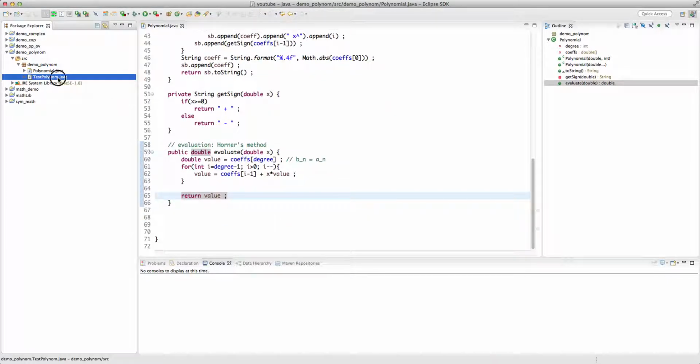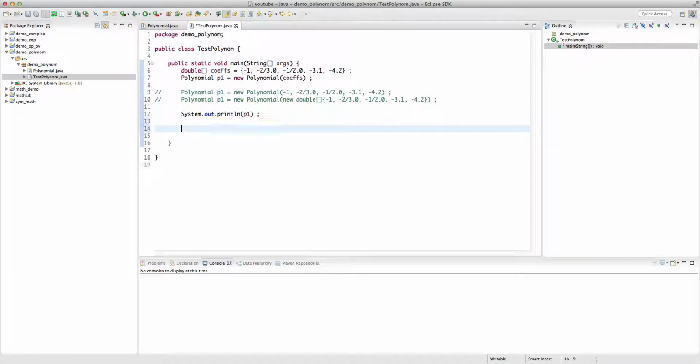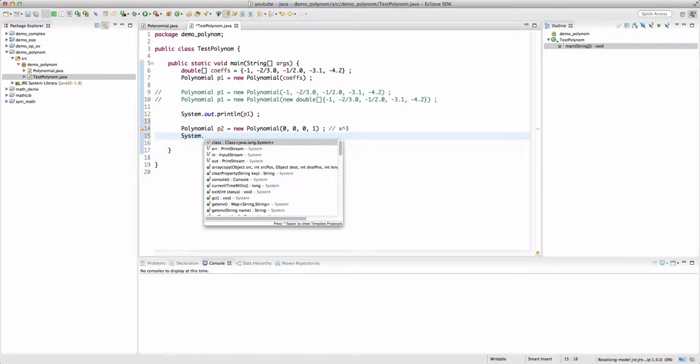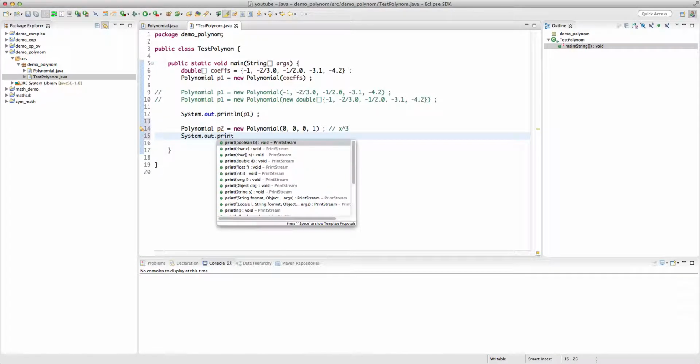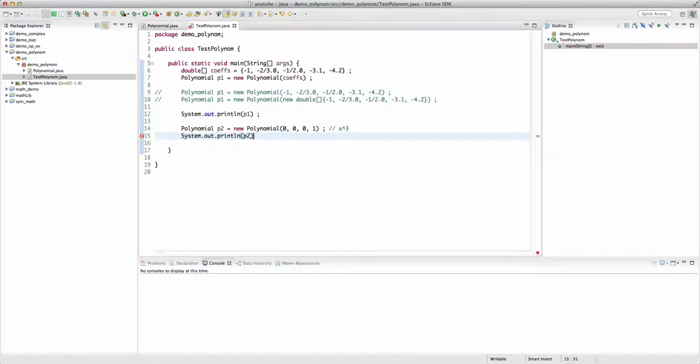So to test this, we can go here and let's create a simple polynomial. P2 is a new polynomial 0 0 0 1. So this is x cubed, basically x to the power of 3, and then system.out.println P2.